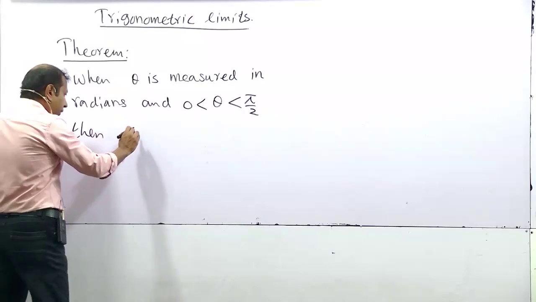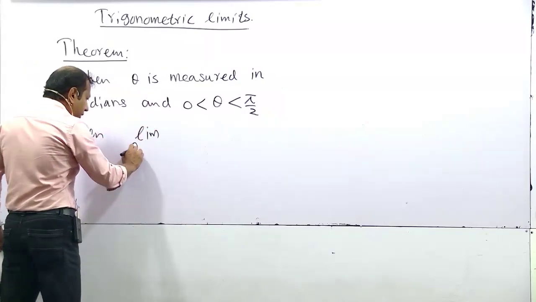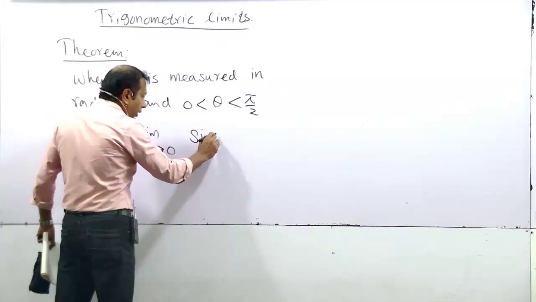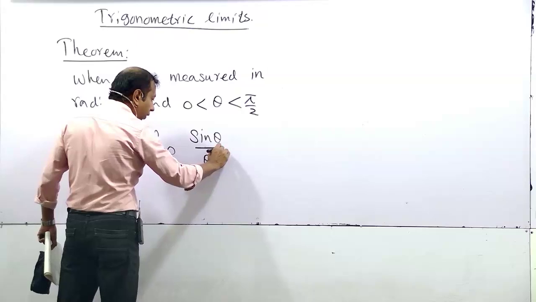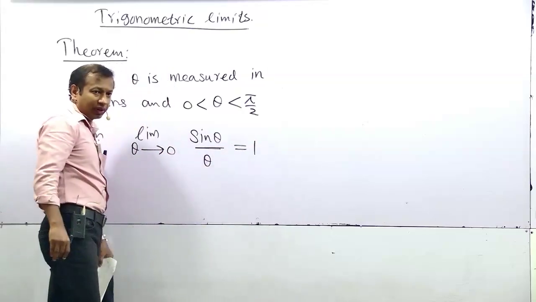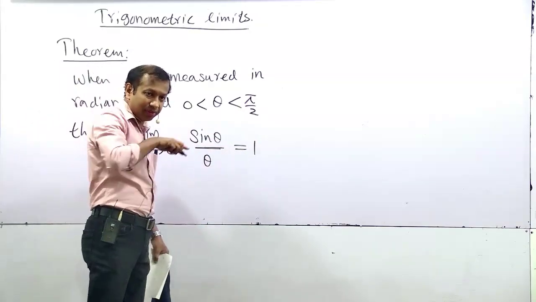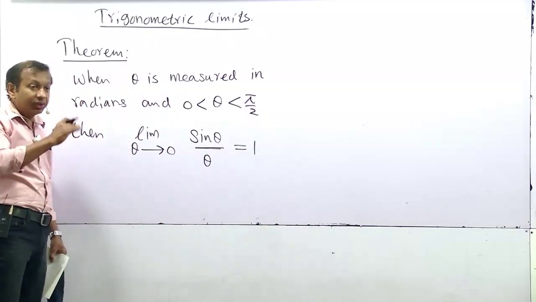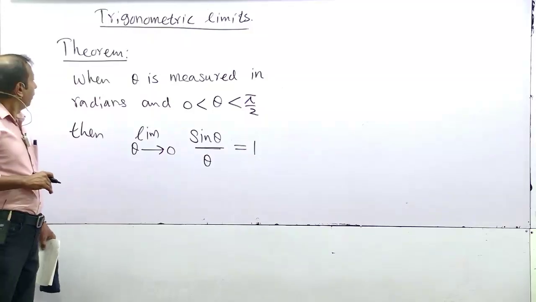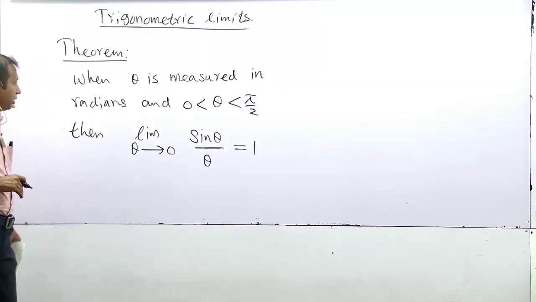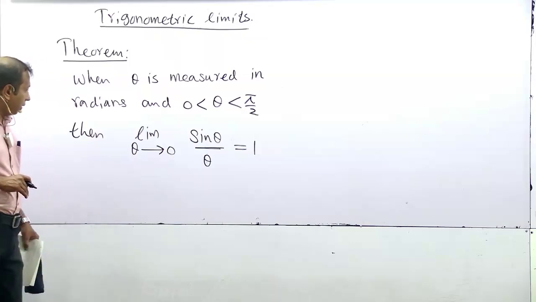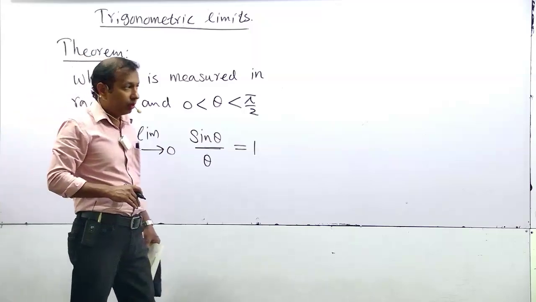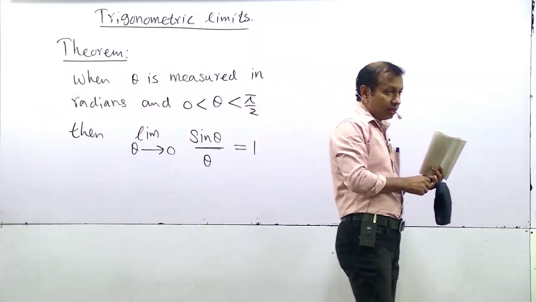Then limit theta goes to 0, sine theta divided by theta equals 1. Equals 1 means going to 1. We write that as equals 1, right? This theorem we prove later. Write down the theorem now. When theta is measured in radians and theta is in between 0 and 90, then limit theta going to 0, sine theta over theta equals 1. This theorem also we are supposed to prove in the next classes.